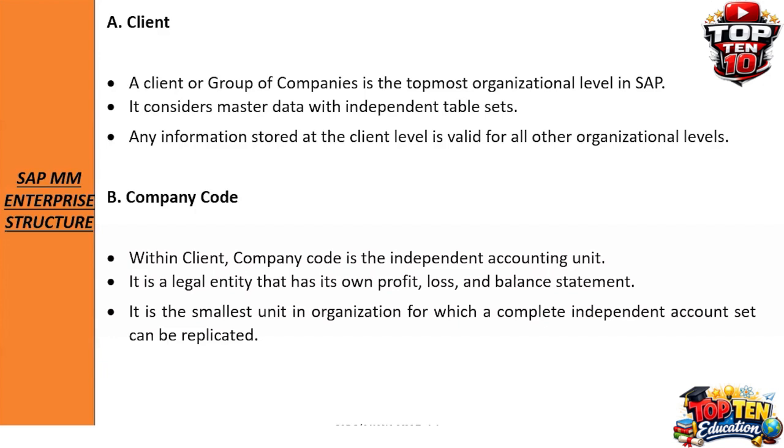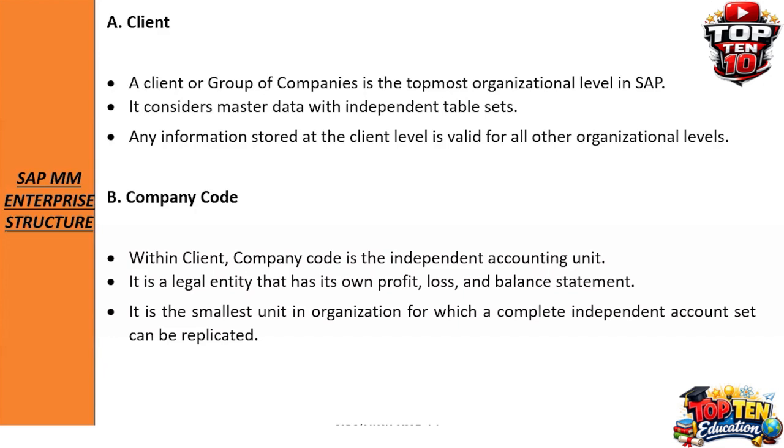In SAP ERP, we keep the record of everything we do in real time. To keep the record, we need a certain kind of database, and a database is nothing but a group of tables. So whatever tables we create in the database, those tables are independent at the level of client.